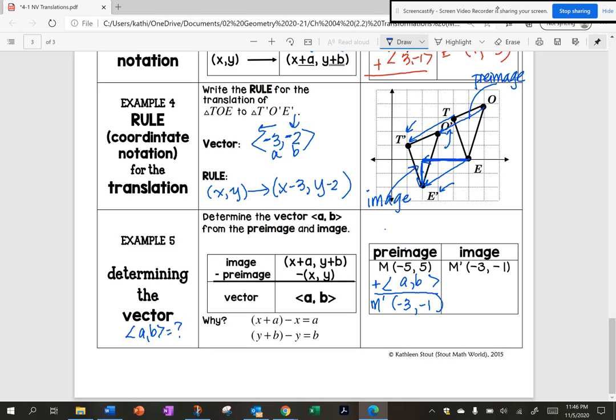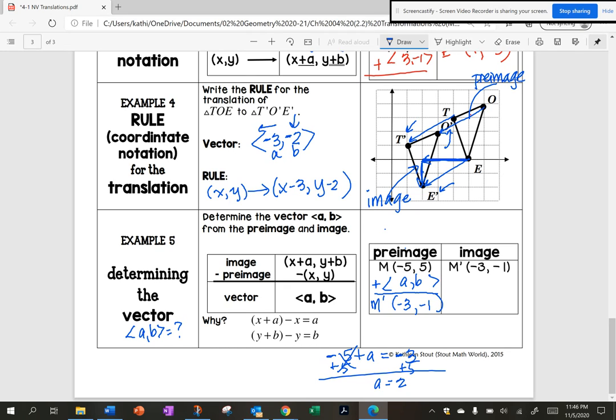So I'm thinking about this as an equation. So I'm saying -5 plus a equals -3. So if I add 5 to both sides, I get a equals 2.